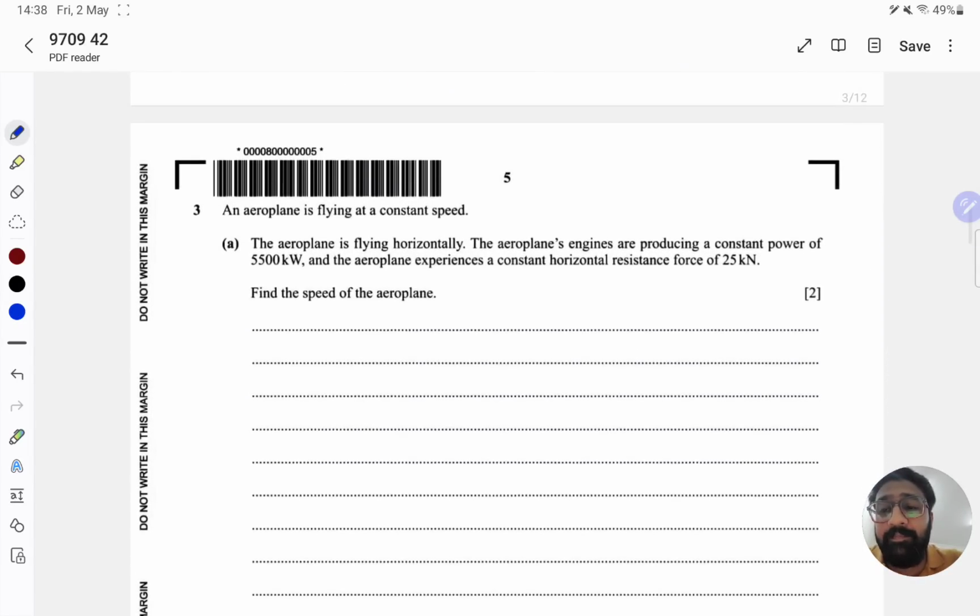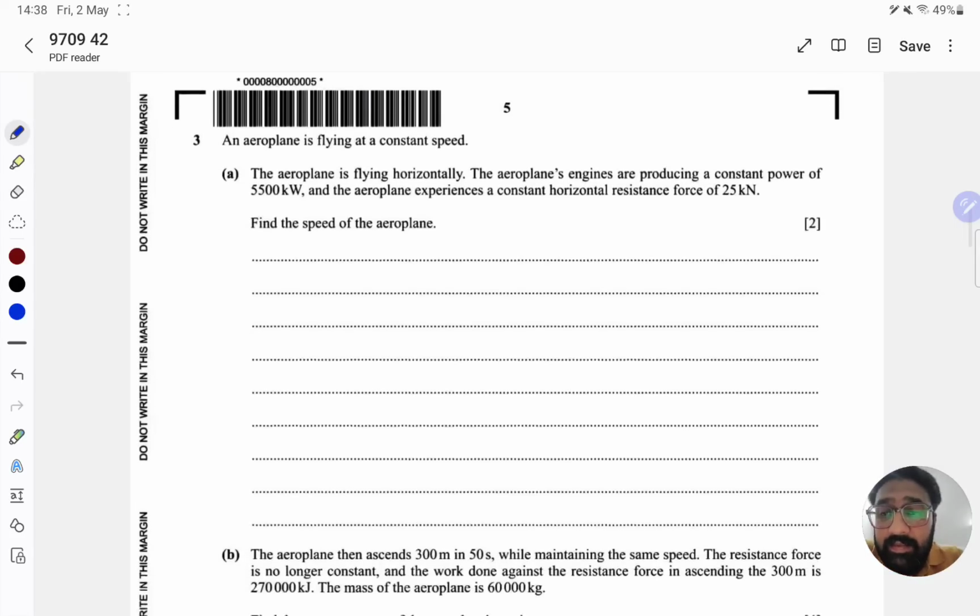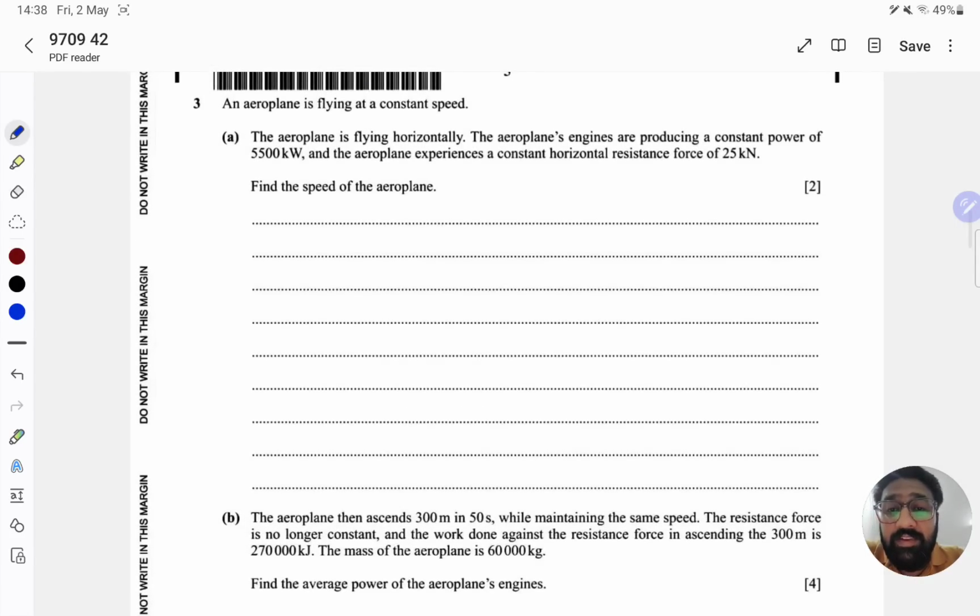Question number 3 says that there is an aeroplane flying at a constant speed. The aeroplane is flying horizontally. The aeroplane engines are producing a constant power of 5200 kilowatt.